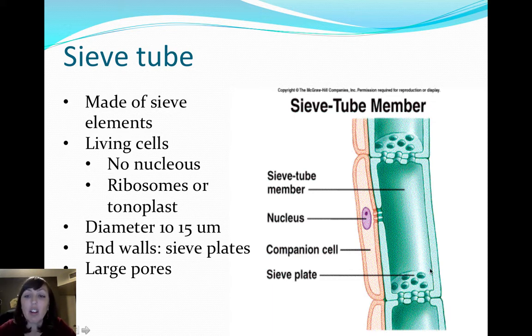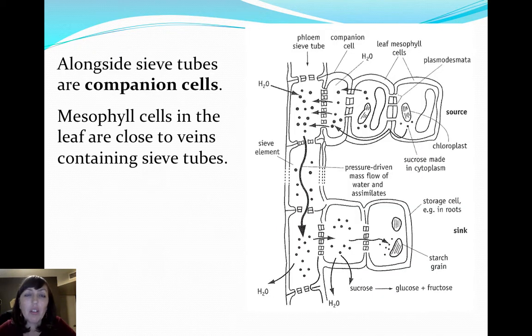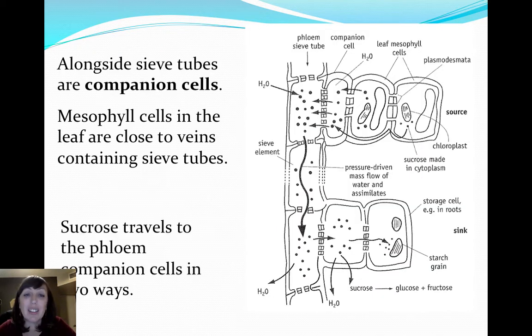It kind of looks like this colander, and it has large pores that the water and the food can move through. So alongside the sieve tubes are companion cells, and these mesophyll cells in the leaf are close to veins that contain these sieve tubes.